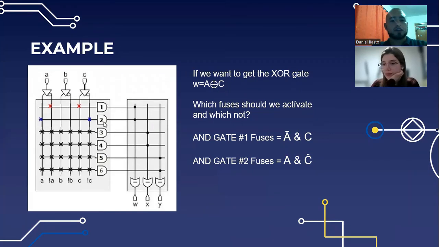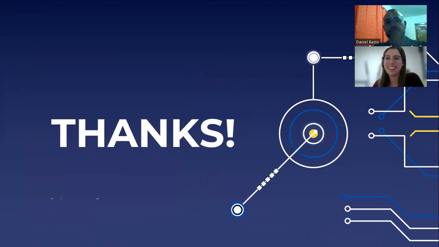And in the case of the second gate, the fuses that should be activated are the fuse A and not C. And well, this is all, and thank you so much for your attention. Thank you, Jonathan. We hope you have a nice day. Bye-bye.